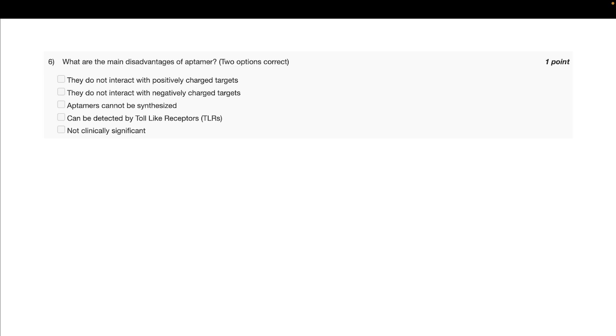No other responses? We can look at the answer then. So yeah, you were correct. The right option is they do not interact with negatively charged targets and can be detected by toll-like receptors. These are actually shortcomings of aptamers.